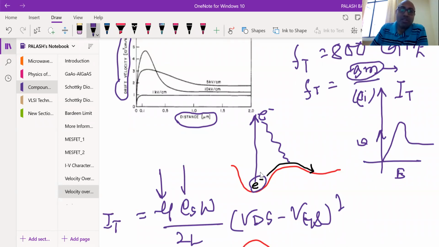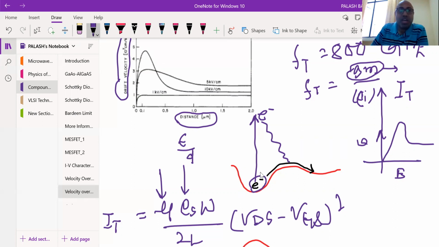Capacitance CS is actually your choice. Why your choice? Because you have to decide whether to take gold gallium arsenide or platinum gallium arsenide. Not only that, what is the doping level you want? Because CS is equal to epsilon by XD, where XD means the depletion layer.